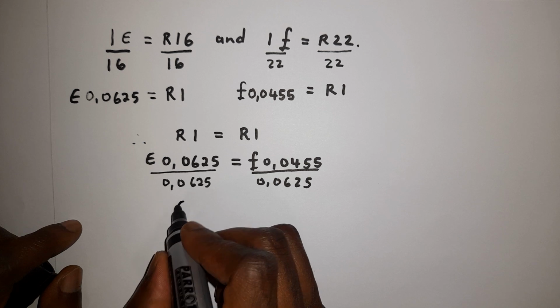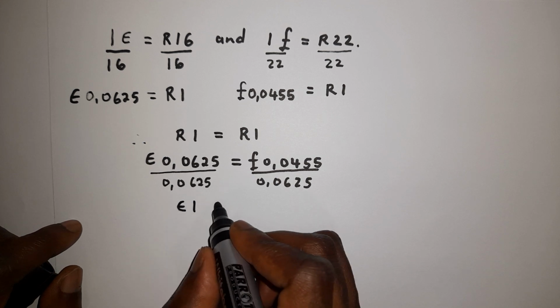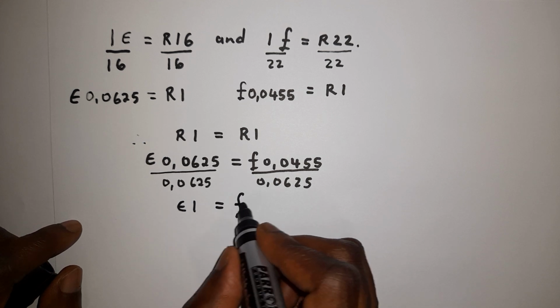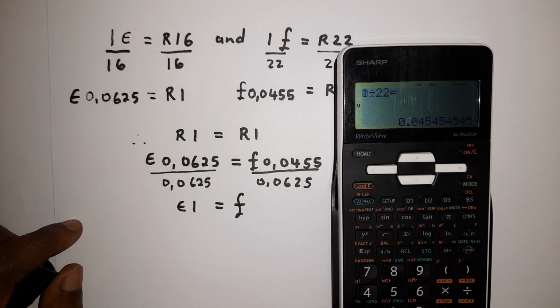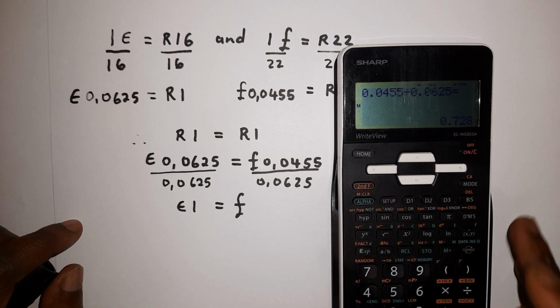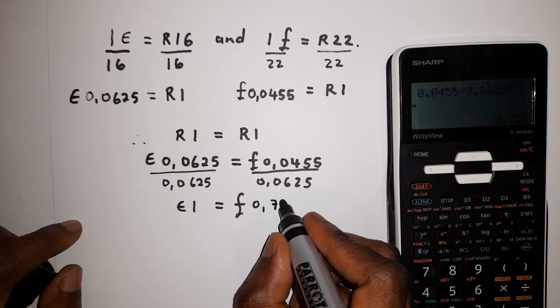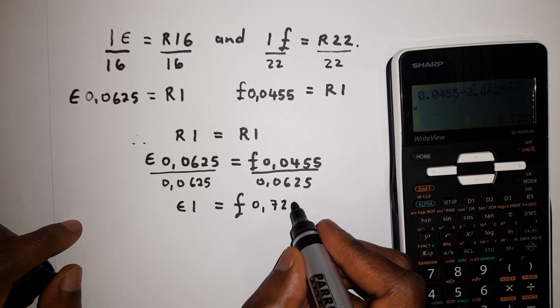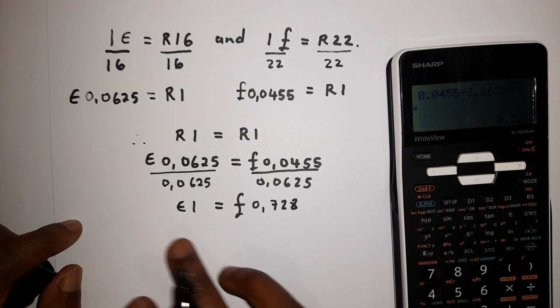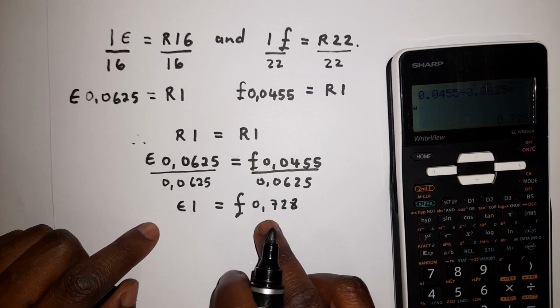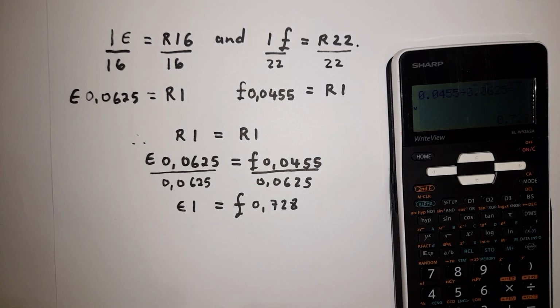And then we see that a euro is going to be equivalent to 0.0455 divided by 0.0625. Then that will give us 0.728 pounds. So it means 1 euro is equivalent to 0.728 pounds.